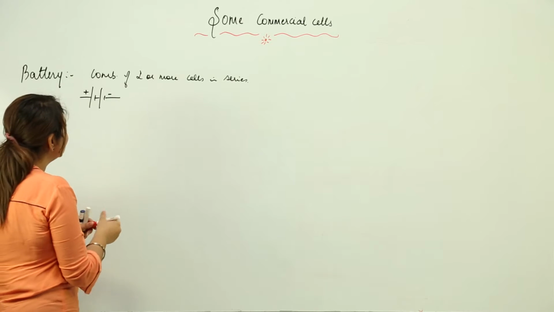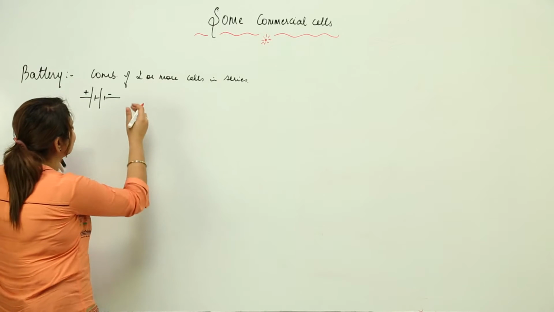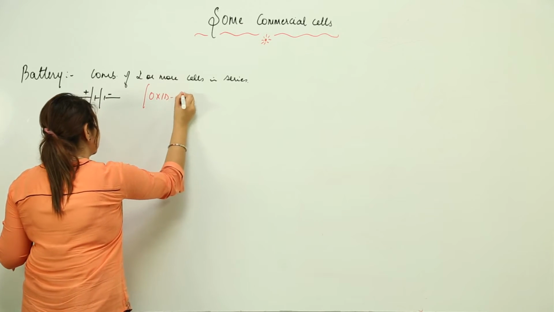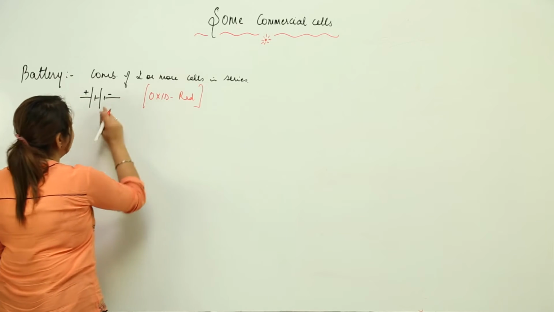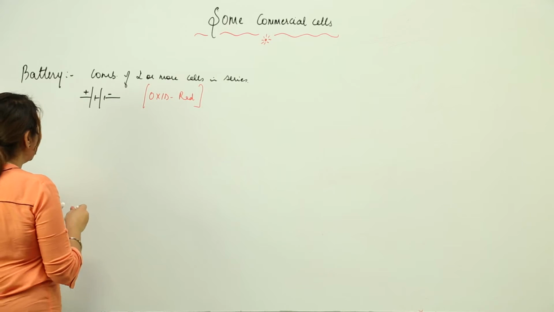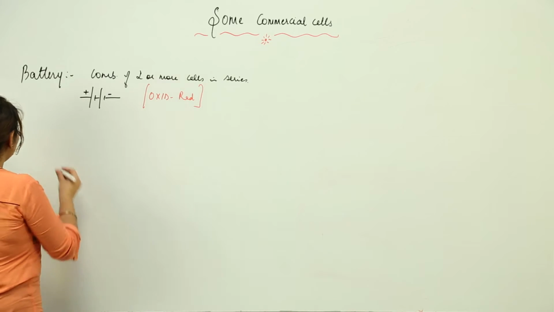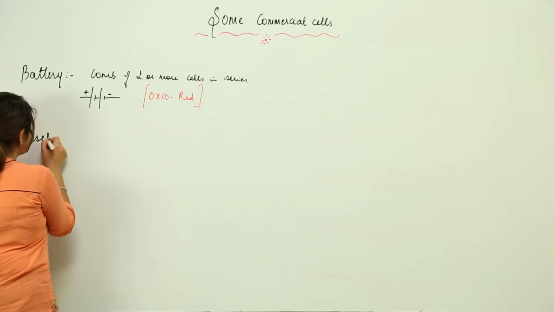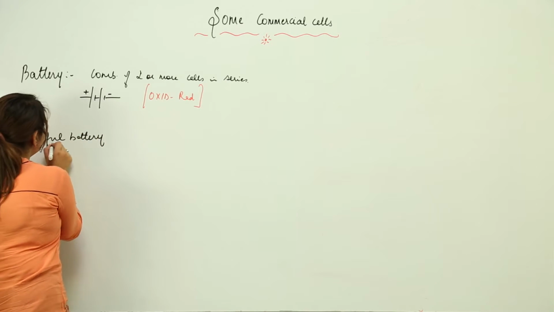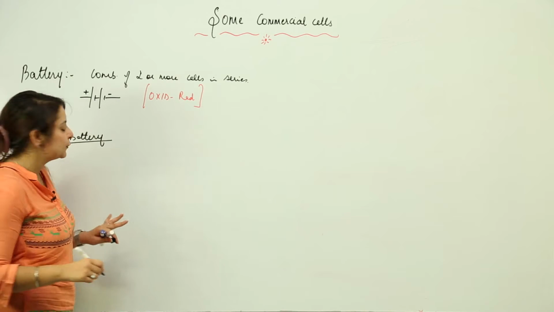And what is the basis of reaction in it? It is obviously oxidation and reduction. That means redox reactions are taking place in the battery, which leads to the production of energy. Now, which battery is called a useful battery?